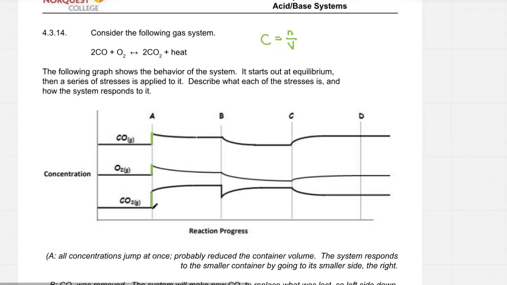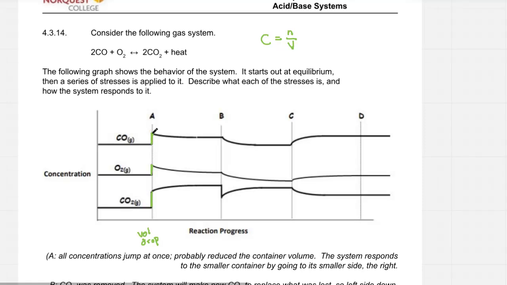If we take this system and suddenly crush it, the volume drops. That makes all the concentrations spike at once, and that would also explain what we're seeing here. So this could be reactants and products added simultaneously, or a volume drop. I'm going to go with volume drop. That seems more likely to me, but the injection thing is not crazy either.